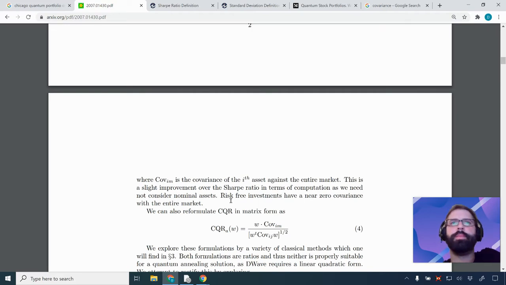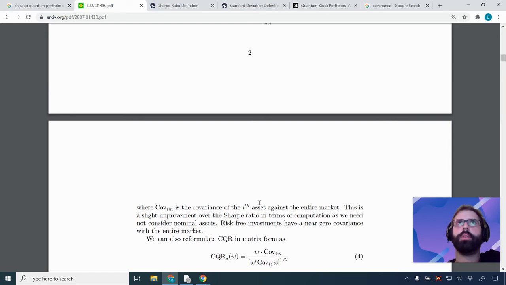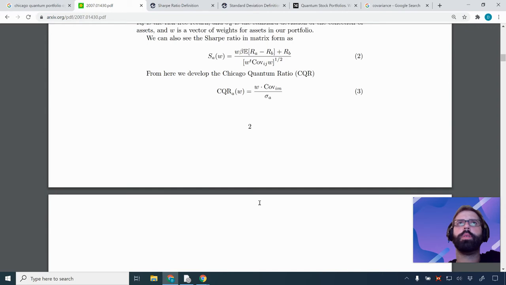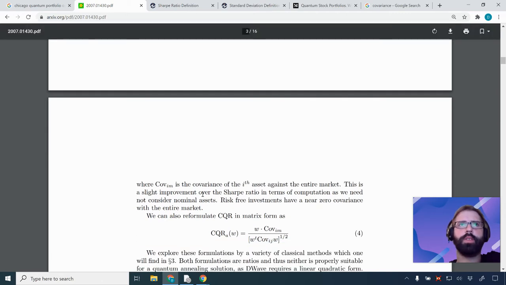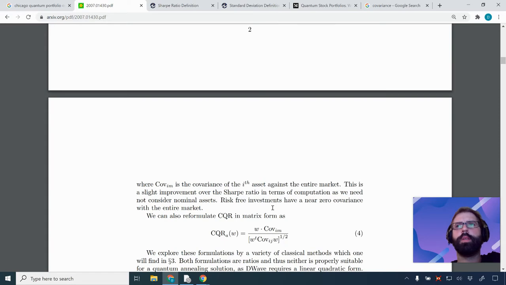Yeah, but okay. We can also reformulate CQR in matrix form. So I'm missing something here. Shouldn't there be a sum, or the equation is weird, because it says covariance iM is the covariance of the ith asset against the entire market.